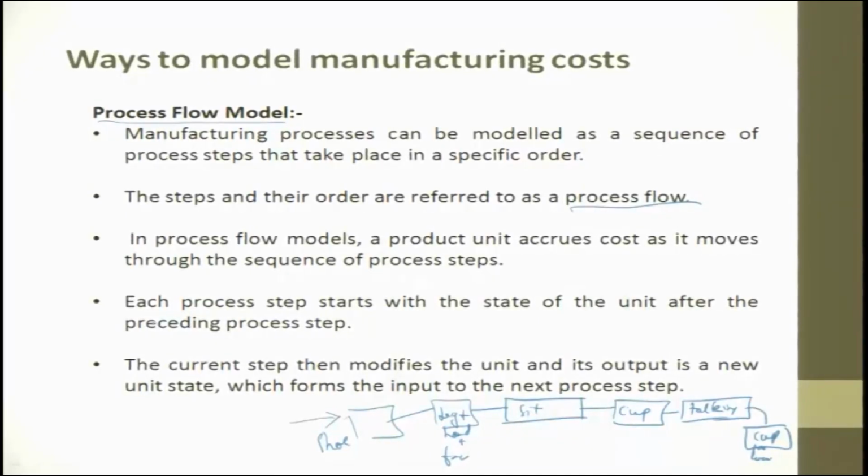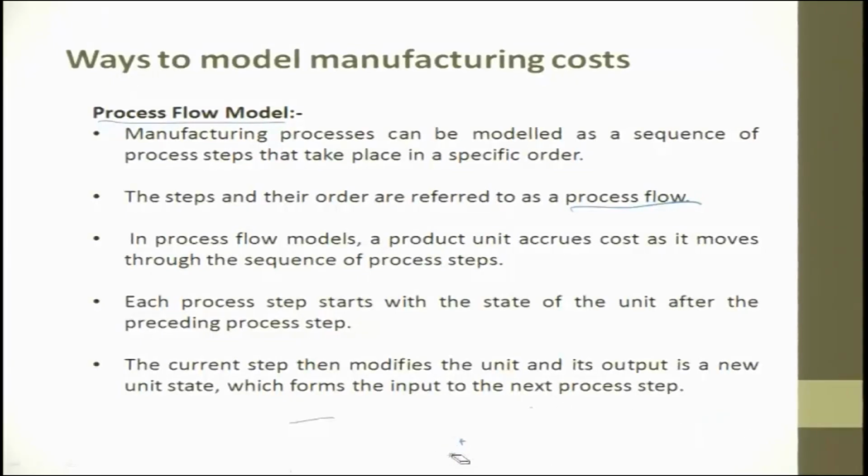So, that means here I have assumed every product undergoes every step. The current step then modifies the unit and its output is a new unit state, which forms the input of the next step. If you are not interested in this example, you can remove it. I will try to give another example.